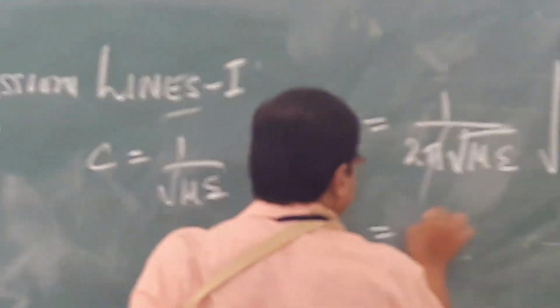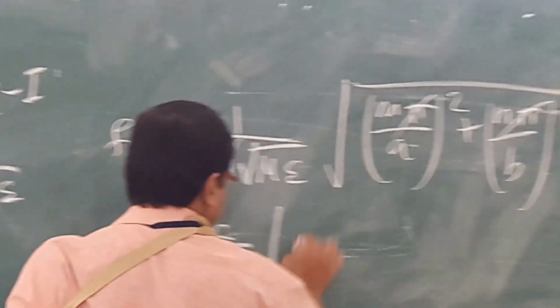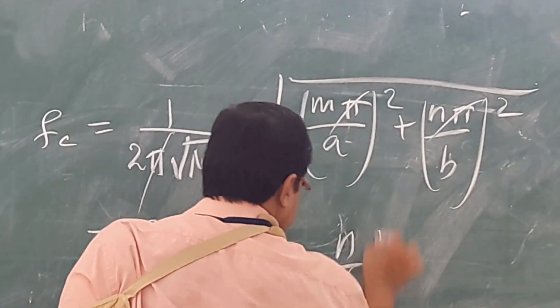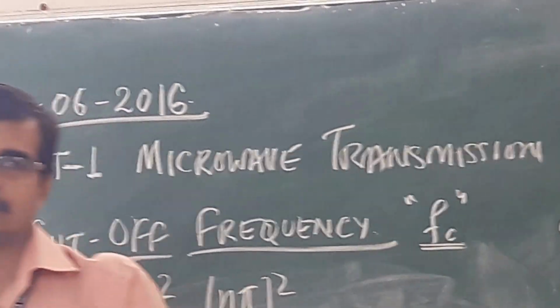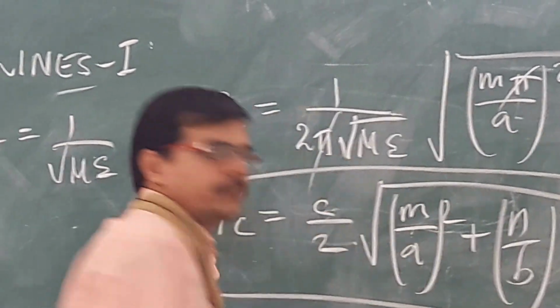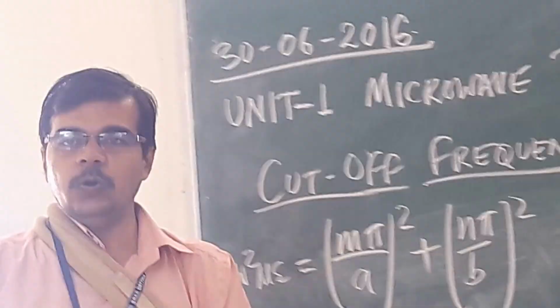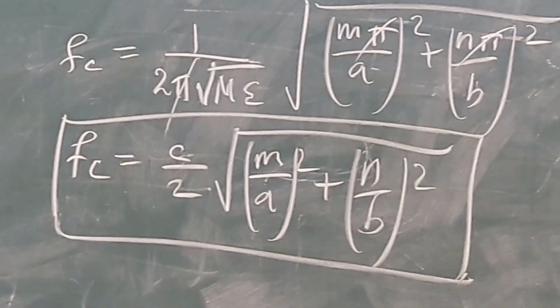Here can we write c by 2 root over of m by a whole square plus n by b whole square? Can we say like this? Your required equation for your cutoff frequency: your cutoff frequency is equal to c by 2 square root of m by a whole square plus n by b whole square.